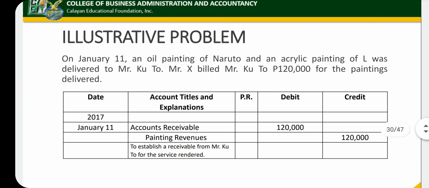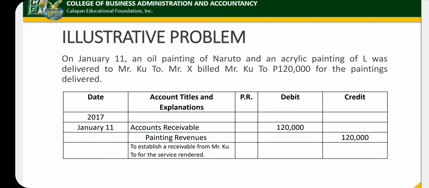Another illustration. On January 11, an oil painting of Naruto and an acrylic painting of L was delivered to Mr. Kuto. Mr. X billed Mr. Kuto 120,000 pesos for the paintings delivered. Okay.